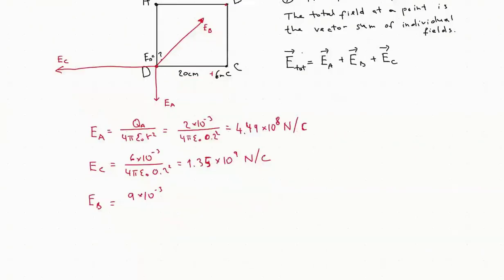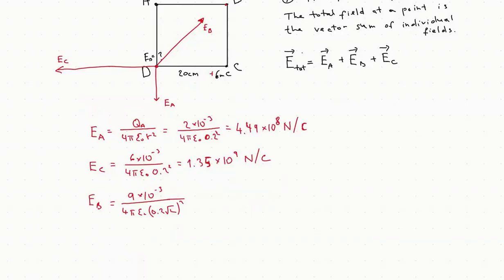Divided by, so I'm not missing any questions. Epsilon 0. Now, the distance is the diagonal of a square, so it's the square root of 2 times 0.2. So 0.2 square root of 2 squared. So just times 2.